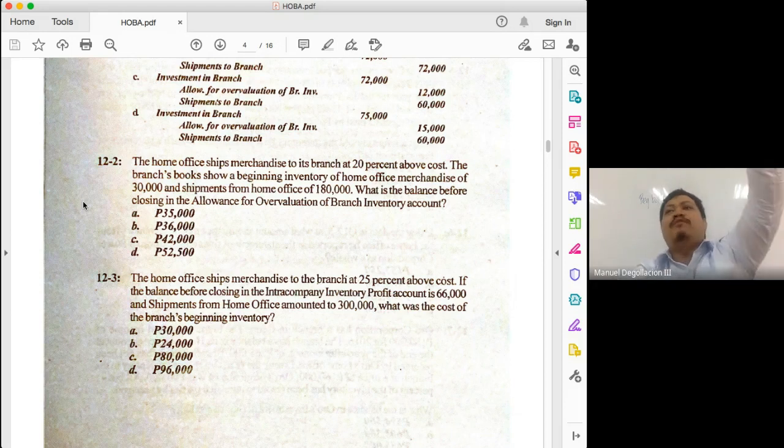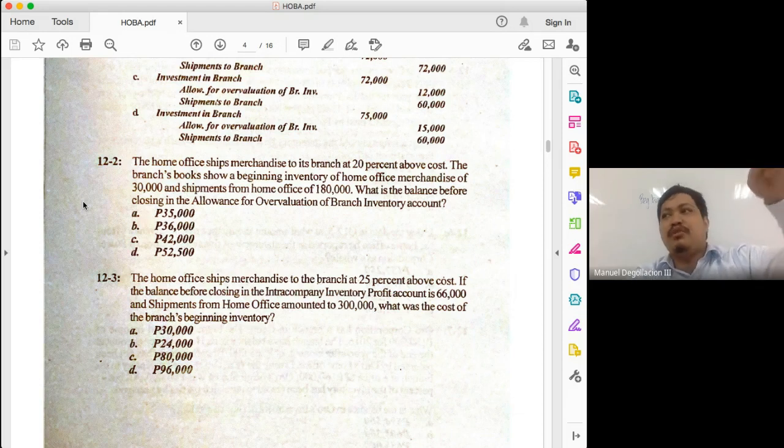Class, so the four are very important, class. The four are very important. Beginning balance of the allowance represents what? Beginning balance of the allowance represents markup on beginning inventory. The unadjusted balance of the allowance represents what? Markup on your tigas. Okay, unadjusted allowance represents the markup on your tigas.